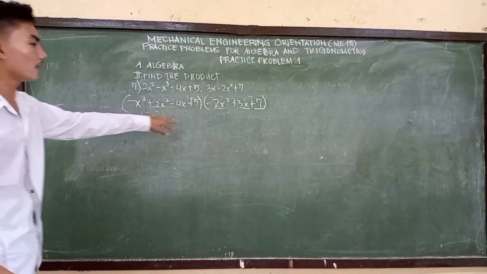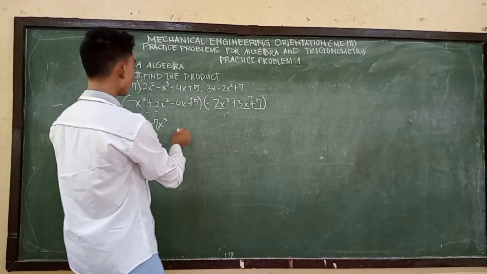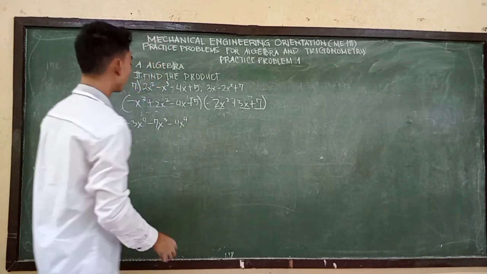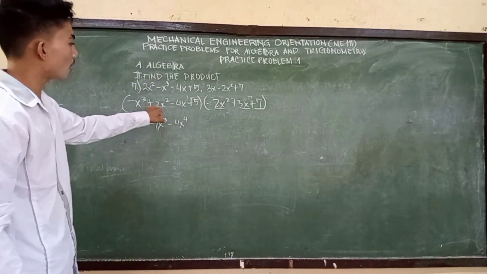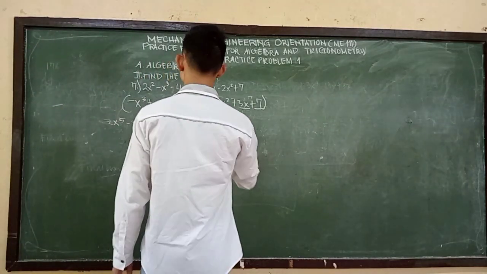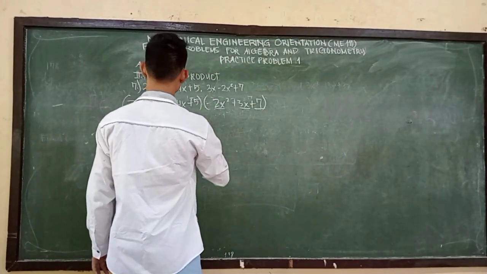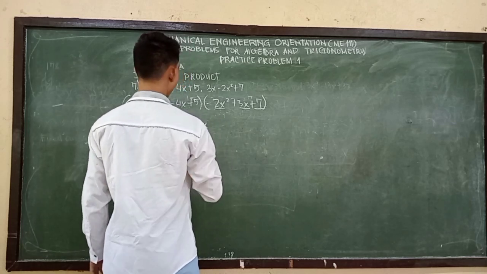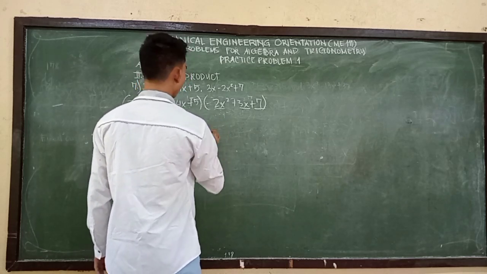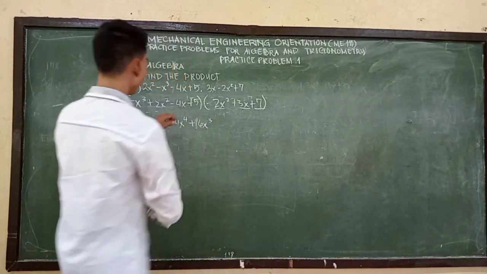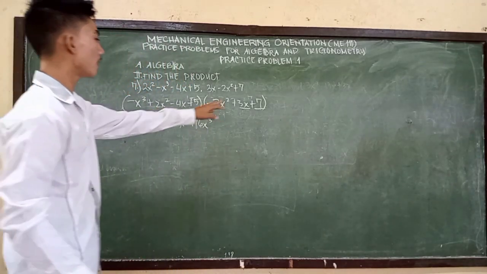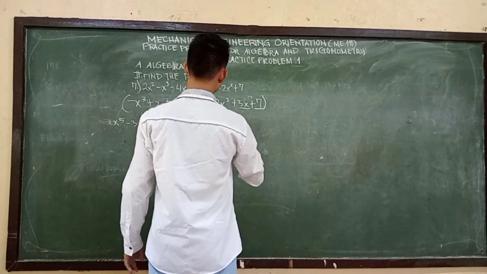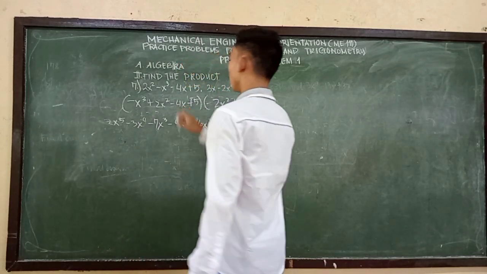Now 2x squared times negative 2x squared will give us negative 4x to the fourth. 2x squared times 3x will give us positive 6x cubed. 2x squared times 7 will give us positive 14x squared.